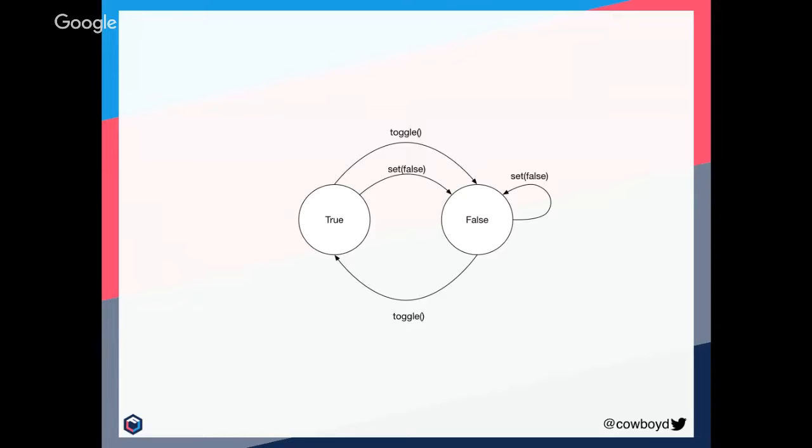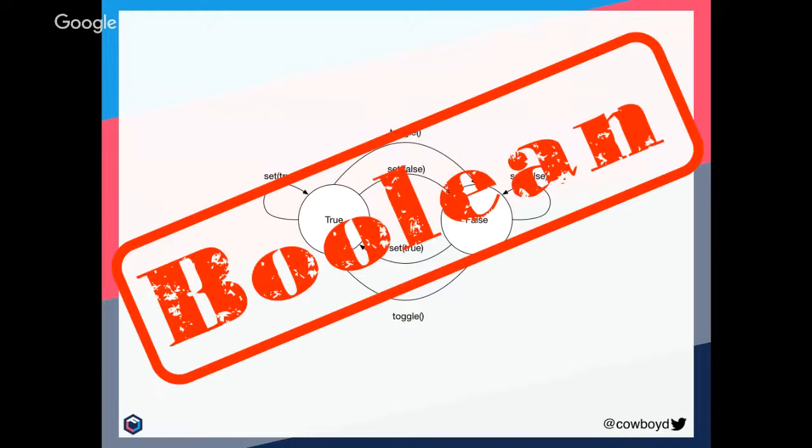So if we've got true, we can set it to false, and if we set a false value to false, it remains false. Or we can explicitly move it from false to true. If you set a true value to true, it remains true. If you set a false value to true, it transitions to true. And that's all there is to it. That is absolutely capturing the entirety of what it is to be a Boolean value. Done. We know this, right?